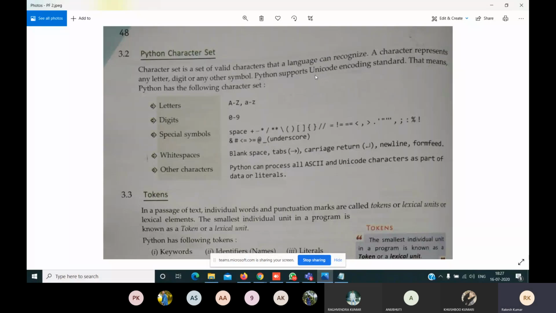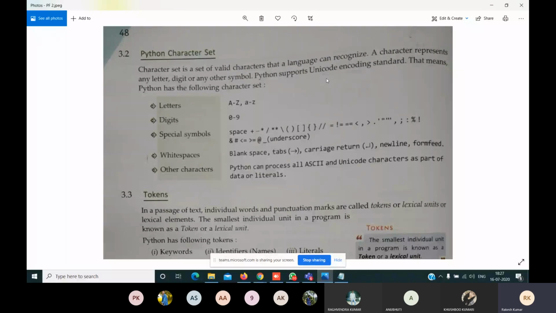Full form of Unicode: universal encoding standard system. That means Unicode has 65,000 plus characters. So maximum languages of the world are included in the Unicode standards.